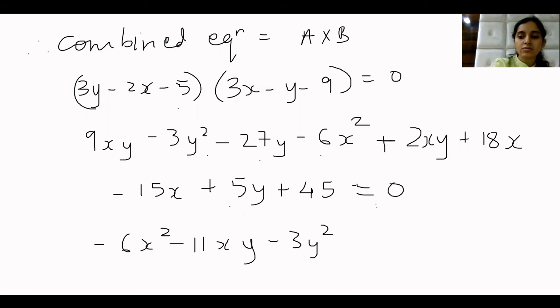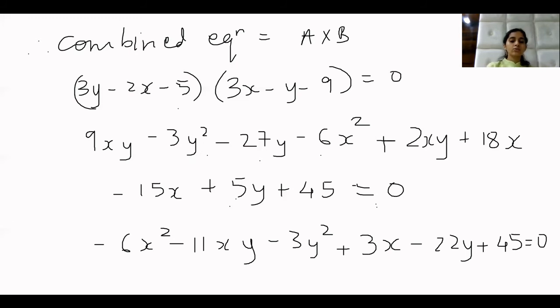Then the x terms, minus 15 plus 18 is plus 3x, plus 5y minus 27y is minus 22y, plus 45 equal to 0. This is your final answer. If you want, you can multiply the entire equation by minus, so that 6x squared, that is your first term, would not be negative.